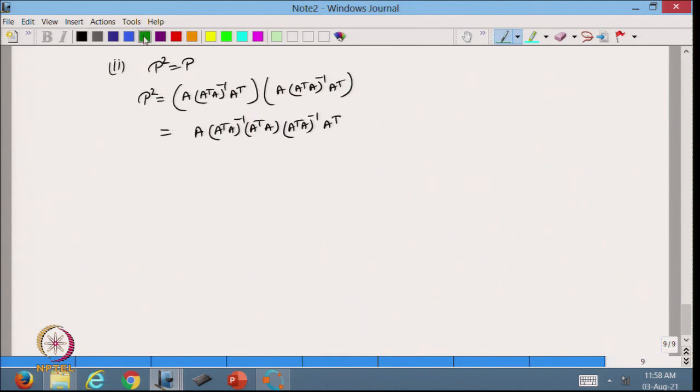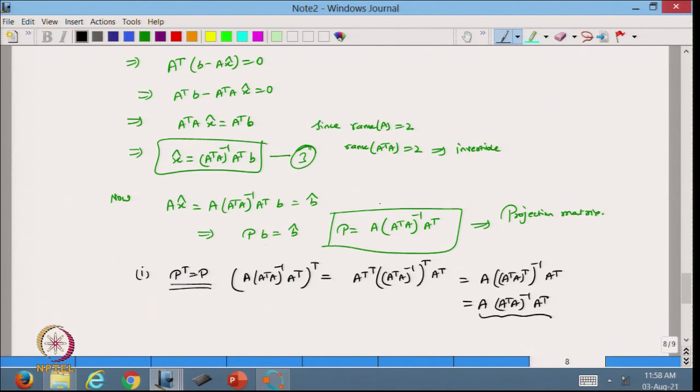And if you see from here, I just take these two, then this is I, and from here I can write A transpose A inverse A transpose, and that is equal to P. So, it is P square is equal to P.